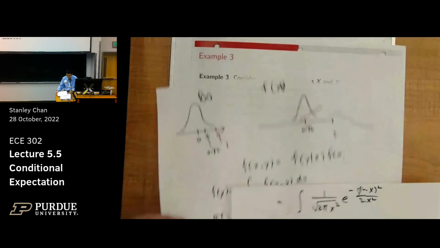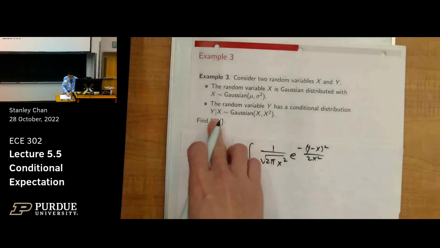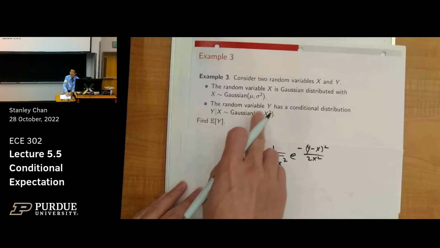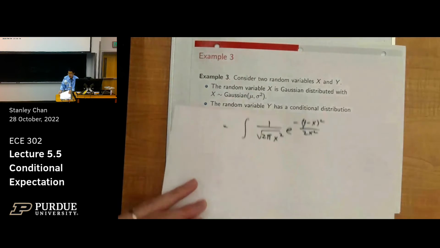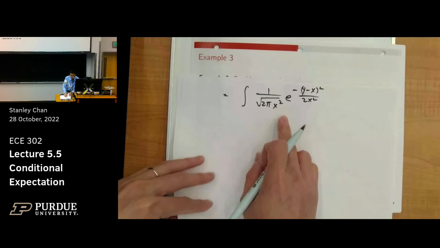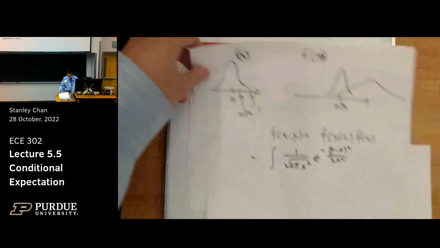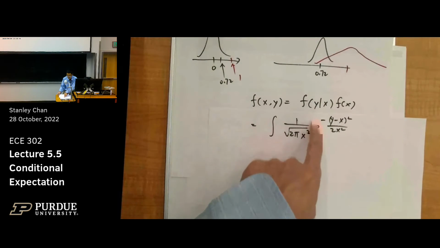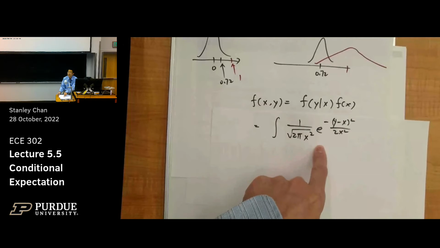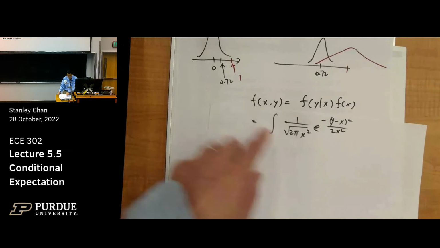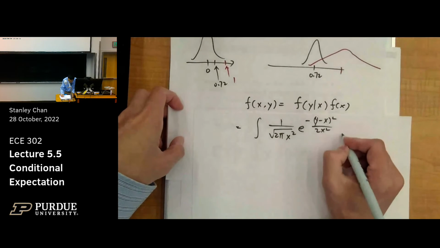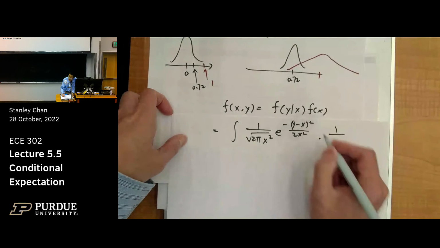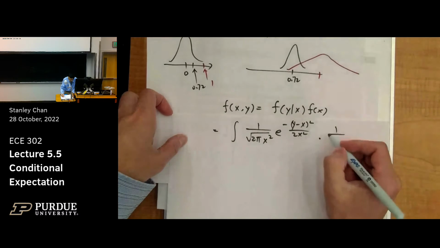Why? Because the problem tells you that this is a Gaussian with mean x and variance x squared. And so your conditional distribution, your fy of y given x, is this. Not too ugly yet. Okay, so now let's multiply by something. It's called the distribution of x.